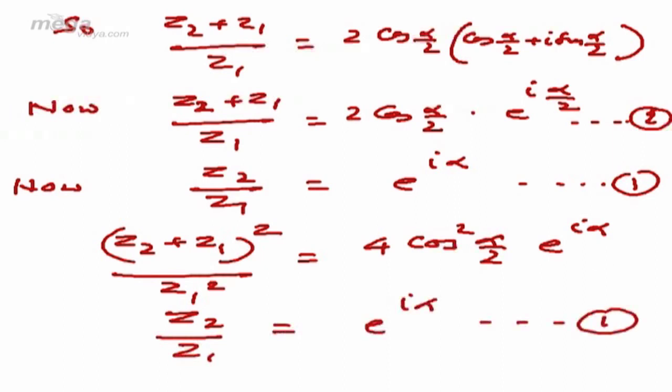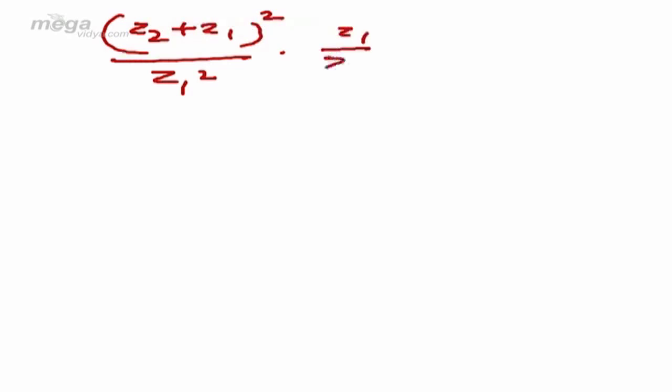If we divide the second equation by the first equation, it will become (Z2 plus Z1) whole square divided by Z1 square into Z1 by Z2 is equal to 4 cos square alpha by 2 by 1.